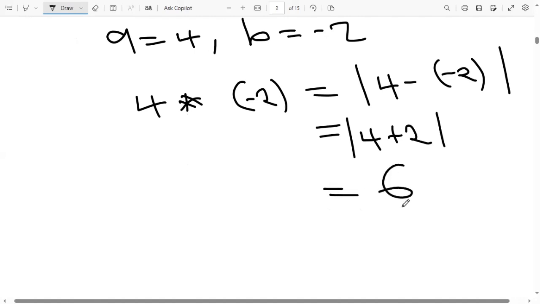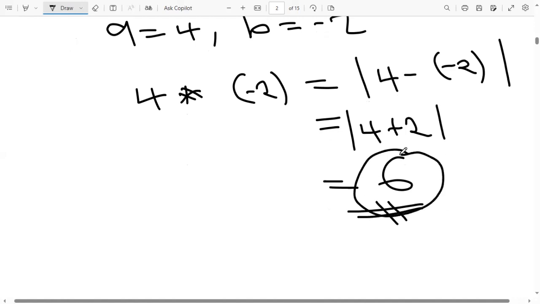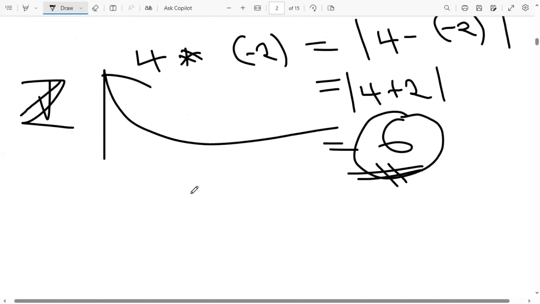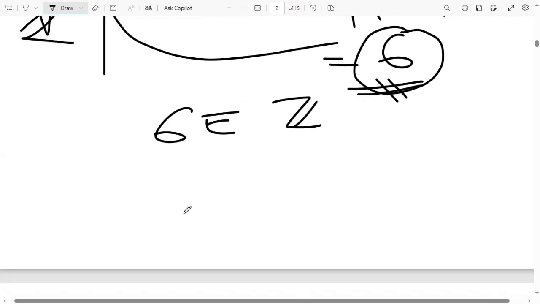My answer there will just be 6. So you ask yourself, is this number that I'm getting also an integer, Z? We see that yes, 6 is an integer. So 6 is a member of the integers, meaning that the star there is a binary operation.